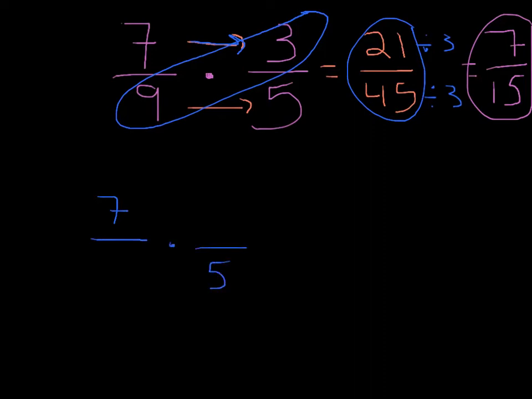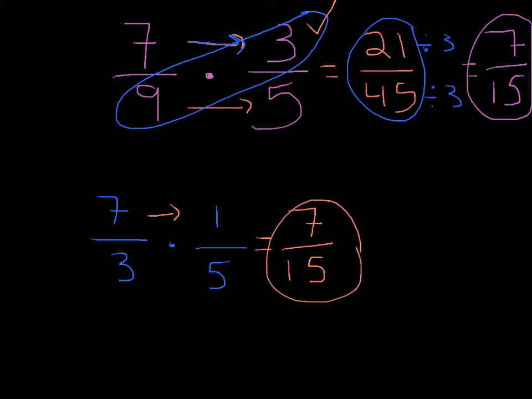They stay because they can't simplify. But 3 over 9 simplifies to 1/3. So if you simplify first like that, now if you multiply straight across, 7 times 1 is 7, and 3 times 5 is 15. So because we simplified first, when you multiply, it's already in simplified form.